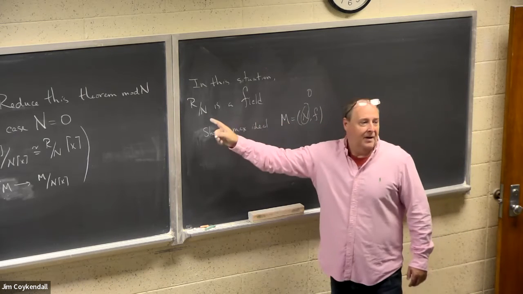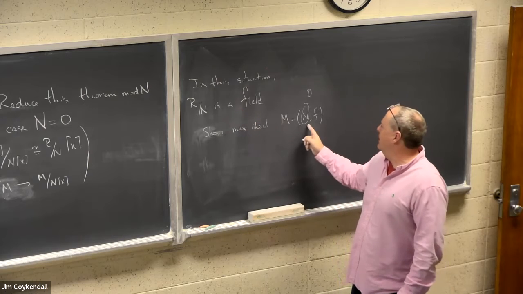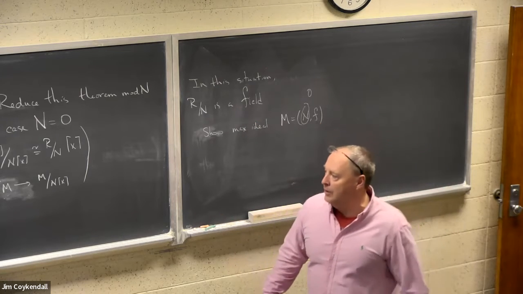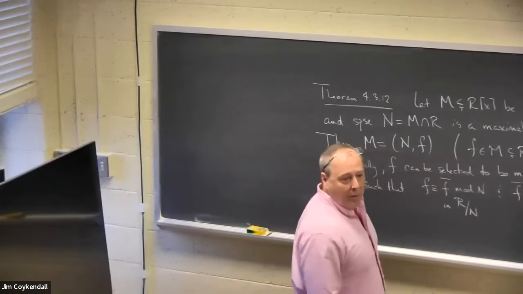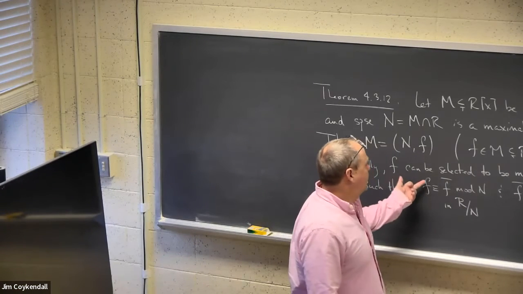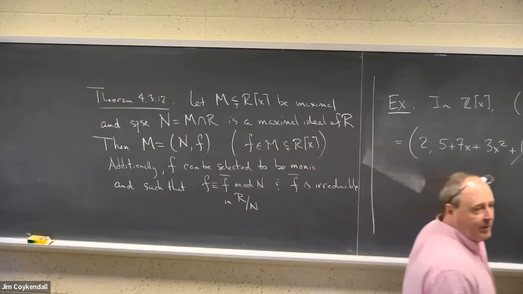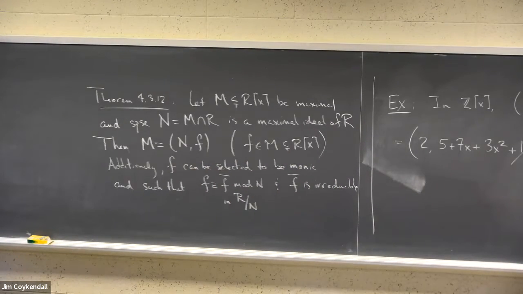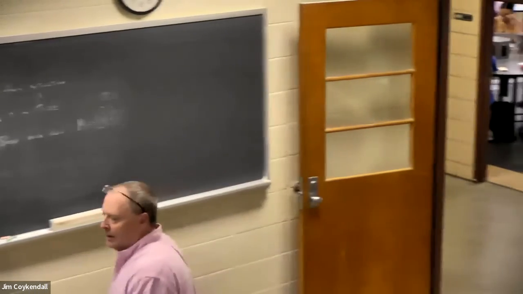Because remember, now field over x is a principal ideal domain, n is 0, and the rest really follows, because what happens here is this thing is a non-zero prime ideal in a PID, so it's automatically maximal. And since you're over a field, you can always assume that the polynomial is irreducible and monic. Okay. Any questions?